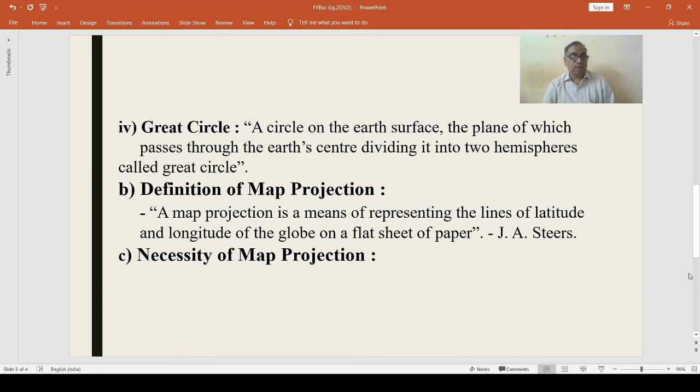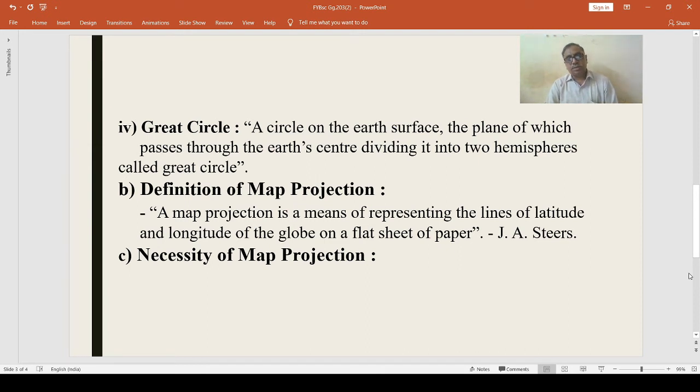Then, the necessity of a map projection. A globe, which is spherical in shape, is a true representation of the earth, and it gives three-dimensional effects of the earth.